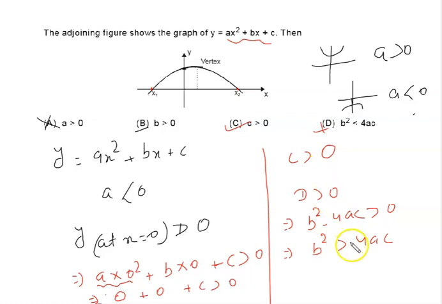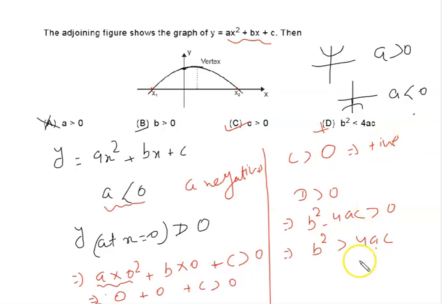But we can find out the sign from here. When a is less than 0, it means a is negative, guys, right? And c is greater than 0, it means c is positive, right? Are you getting my points, guys?